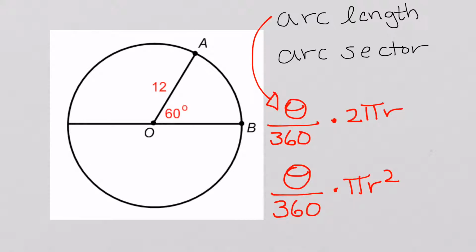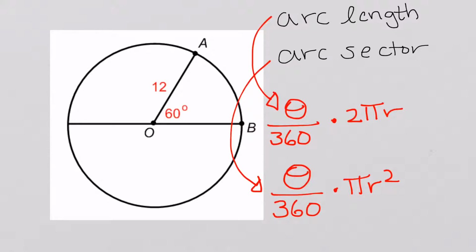So to find the arc sector, our formula would be this right here. So we have two new formulas. They're based on the ones we've already studied. The only new piece of information is that you need to incorporate the central angle to find the area or the length of the arc of that certain piece.